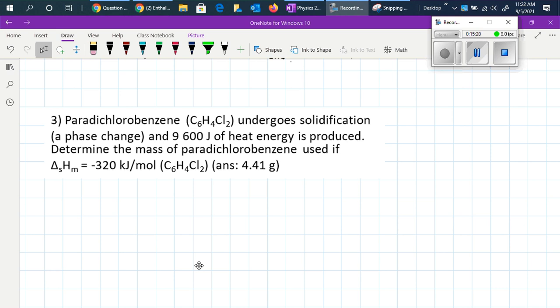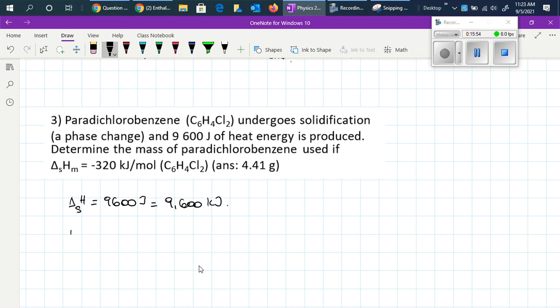So now we have paradichlorobenzene undergoing solidification, which you know is a phase change from liquid into solid, and the heat of solidification is 9600 joules, which I'm converting right away into kilojoules, so 9.600 kilojoules.